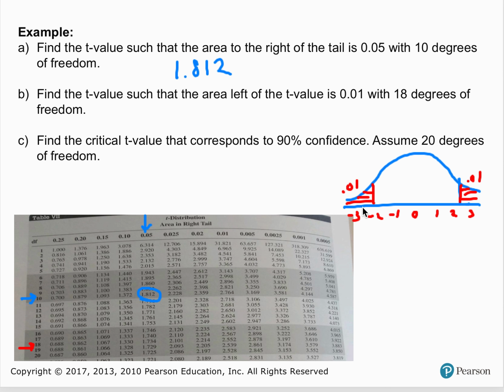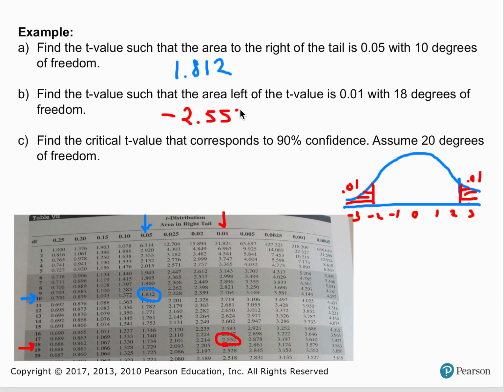So I'm looking at 18 degrees of freedom and 0.01 right here. 2.552, but that's really this value, what the chart is telling me, but from symmetry, I know it's negative 2.552.